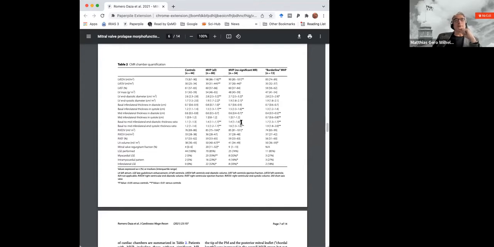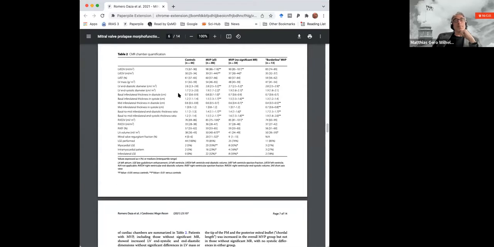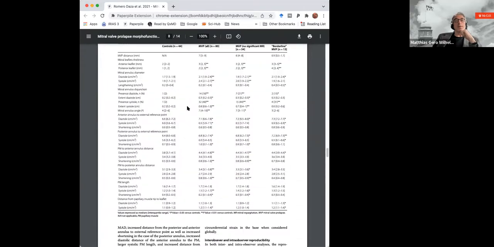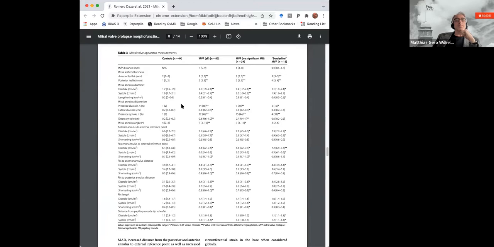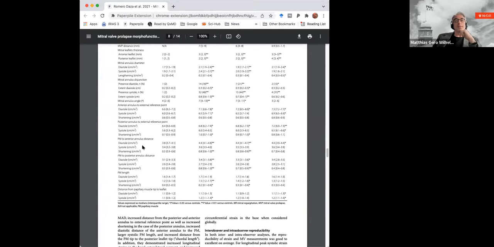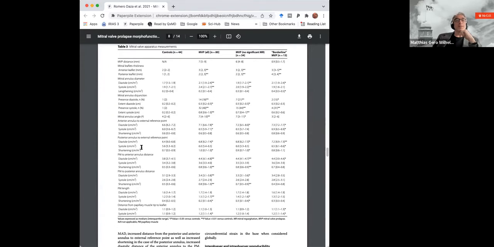And most of the differences between controls and patients with mitral valve prolapse are more pronounced in those with mitral valve regurgitation. So those are, from my point of view, the most important findings.